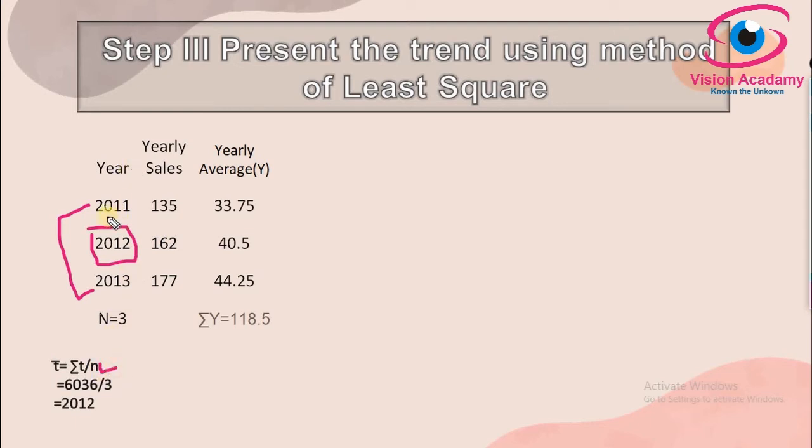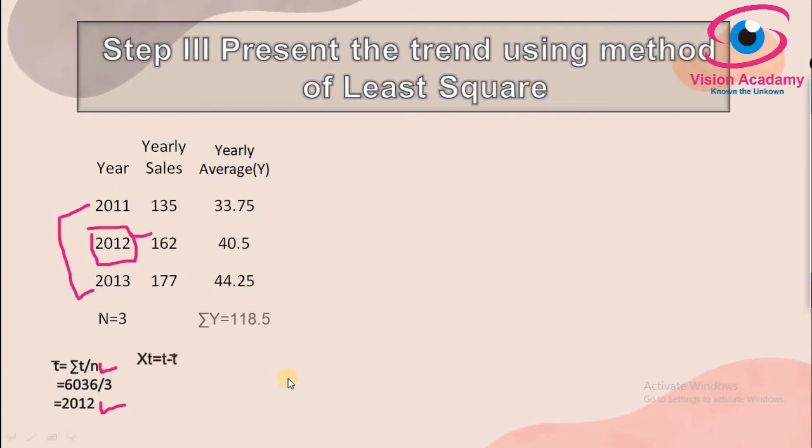Summation t is 2011 plus 2012 plus 2013, which is 6036, and n is 3. 6036 by 3 is 2012. So directly we can take this mid value, otherwise you can apply the formula also. Once we have found t bar, we can go for finding xt.